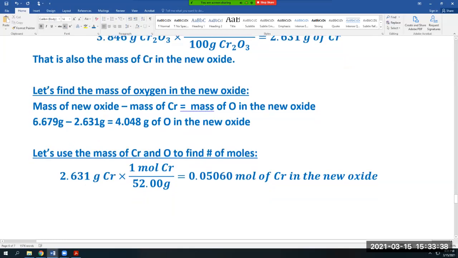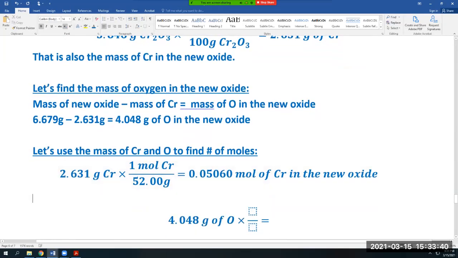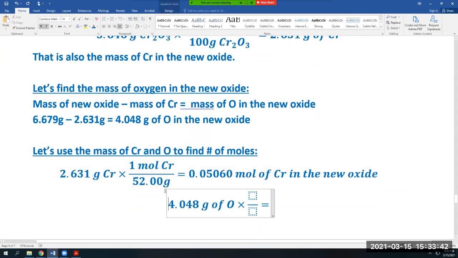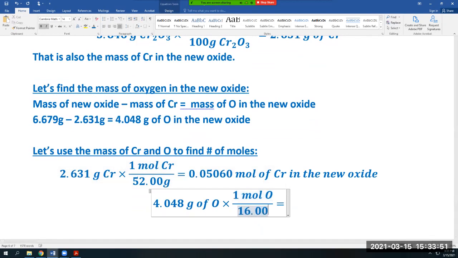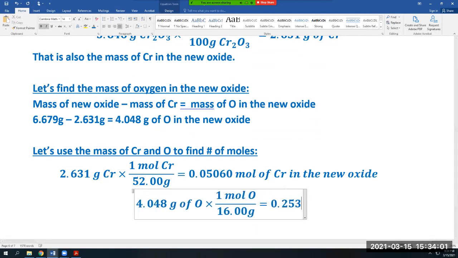Let's do the same thing with oxygen. Oxygen, we have 4.048 grams of oxygen. And we know in 1 mole of oxygen, we have 16.00 grams, right? That comes from the periodic table. So 4.048 divided by 16, and it's 0.253.